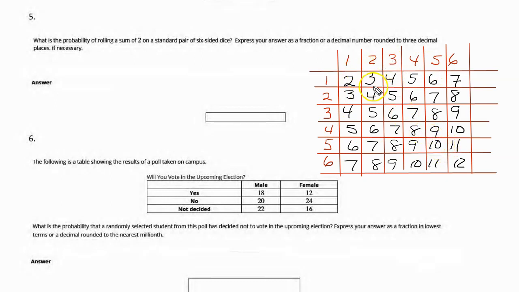So, for instance, what is the probability of rolling a 2 on a standard pair of 6-sided dice? Well, you look at your chart. How often is it 2? Well, it's once only out of a total of 36.